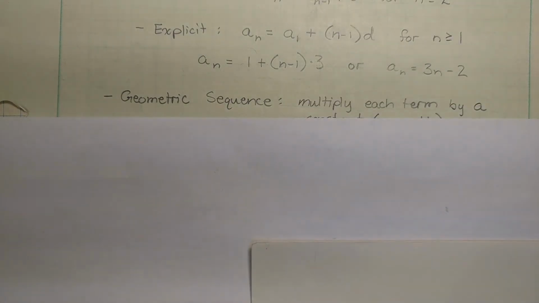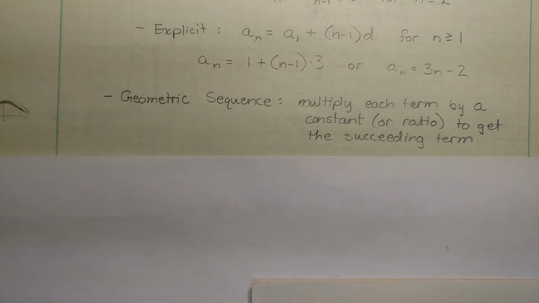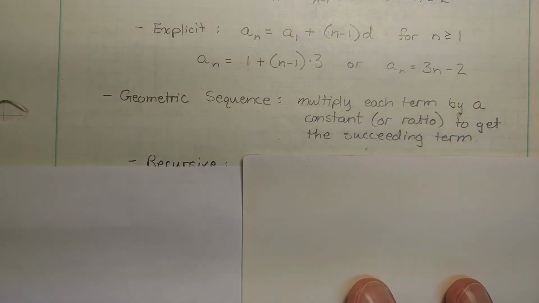Our geometric sequence is similar to the arithmetic, except that instead of adding a common amount each time, now we are multiplying by a common amount. We multiply each term by a constant, which we call a ratio, to get the succeeding term, because that constant value becomes the ratio between two terms when we compare them.